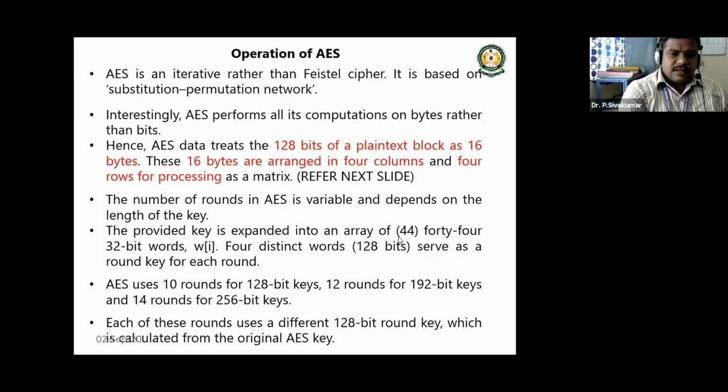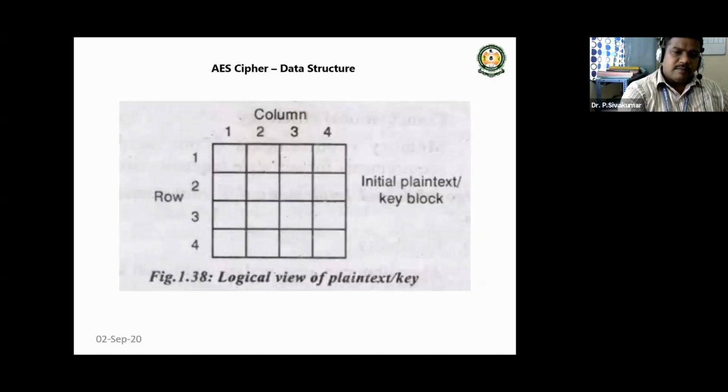one more change in the AES is here. Here you use the array of 44 words. What is a word? Word is nothing but one column. That means word is nothing but, for example, one word is represented by this particular part in the key.